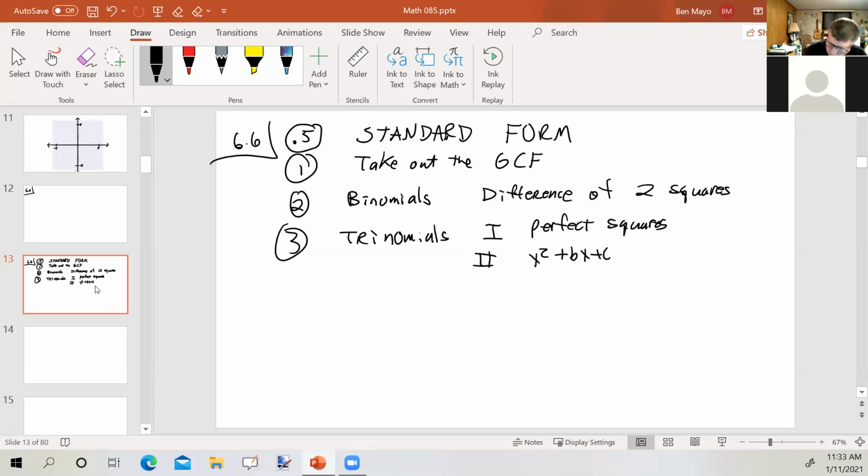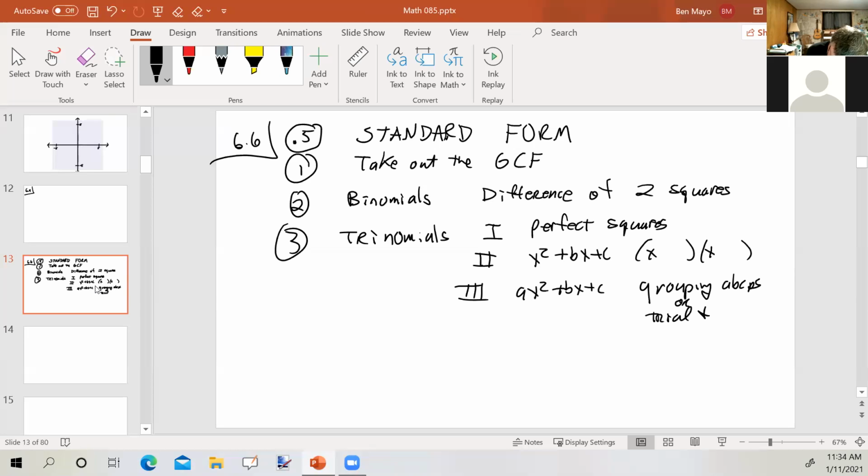That's where the leading coefficient is a 1, and we factor it using the product and the sum. Roman numeral 3 is ax squared plus bx plus c, where we use grouping, that is ABC, PS, or trial and check.